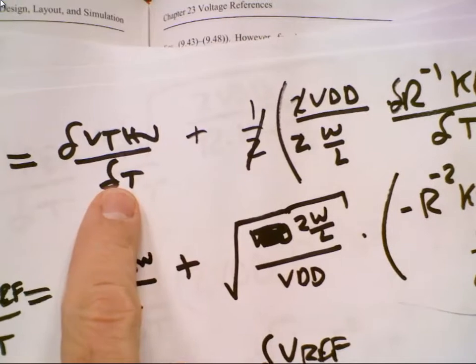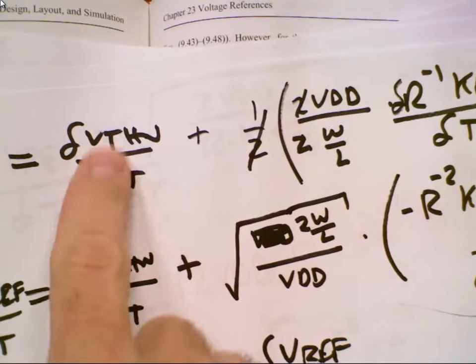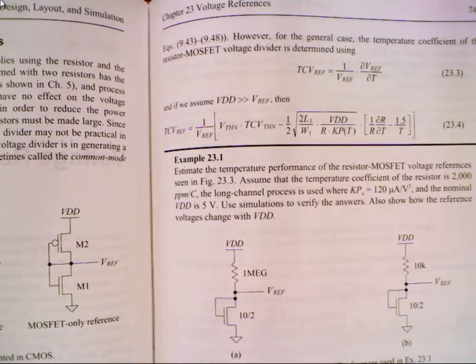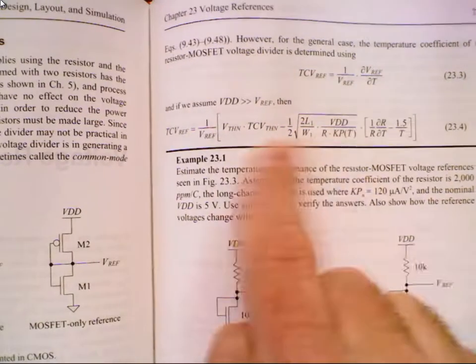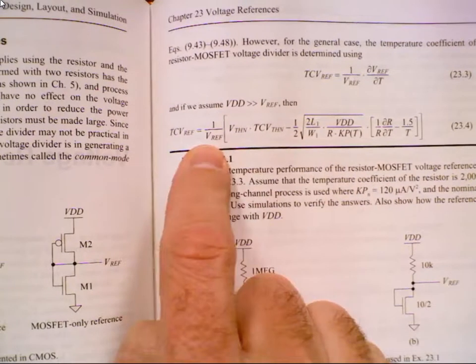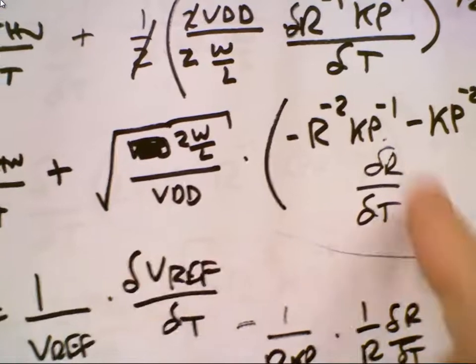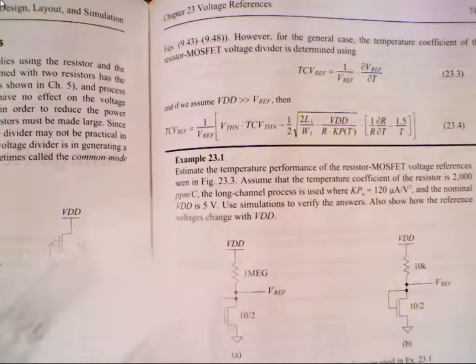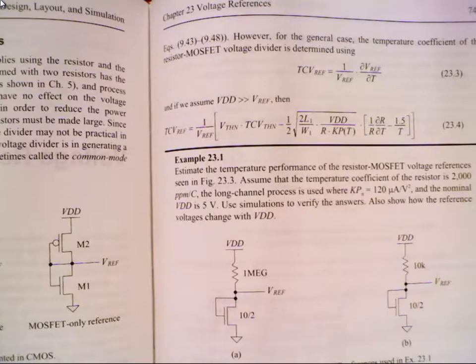Yeah, del V threshold over T. That's this term right here. Does everybody see that? And then this is the stuff we had in the denominator. This is what we just derived. We pulled all that out, and this was our 1 over V ref. So that's our 1 over V ref, and then all of this stuff is the thing in there. So we derived that. It was good times.